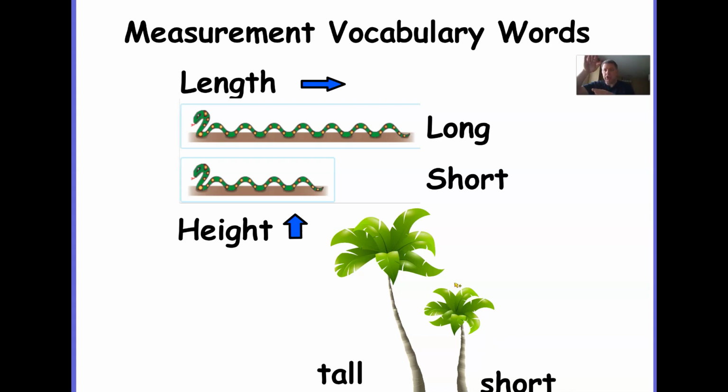Tall, short. Let's practice those words with our hands. Ready? We can measure length. That's horizontally. That's how long something is or how short something is. Long. Do it with me. Long, short. Long, short. Good job.